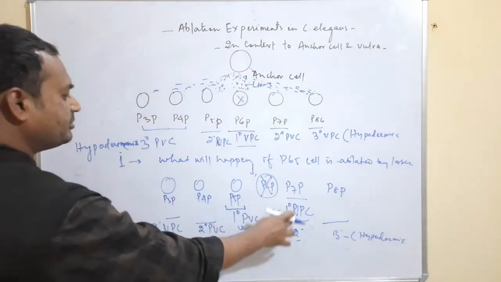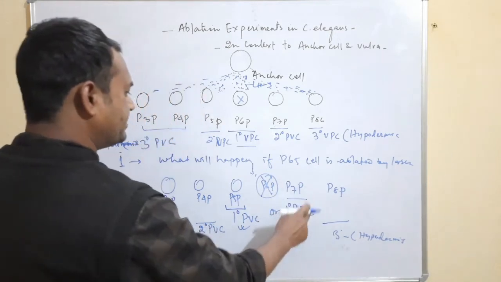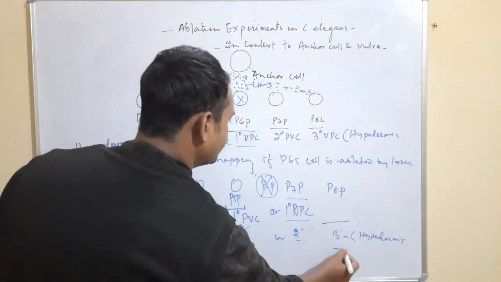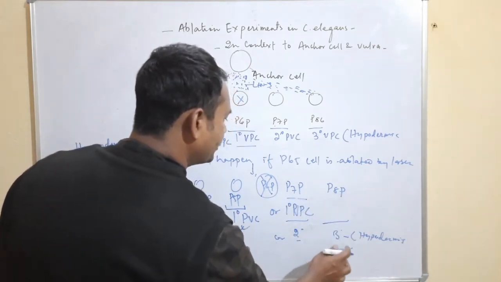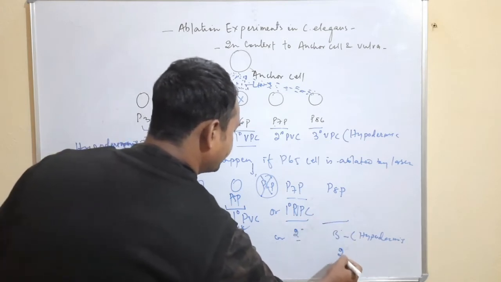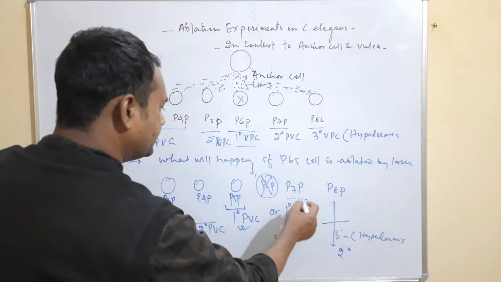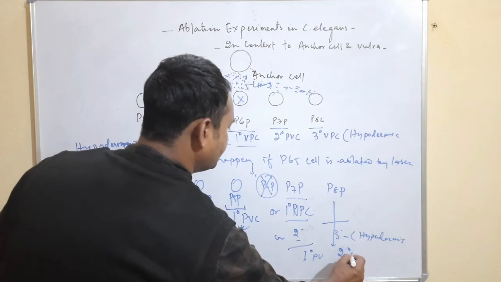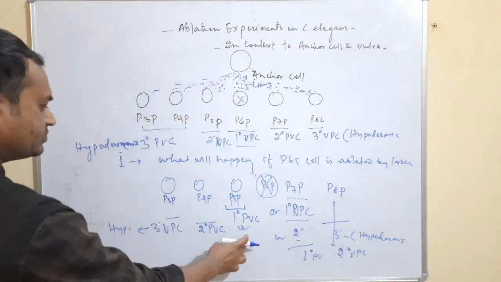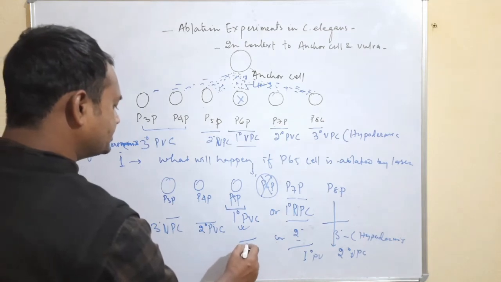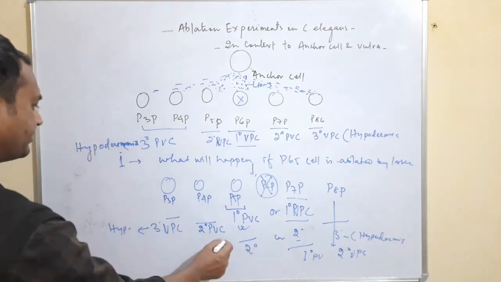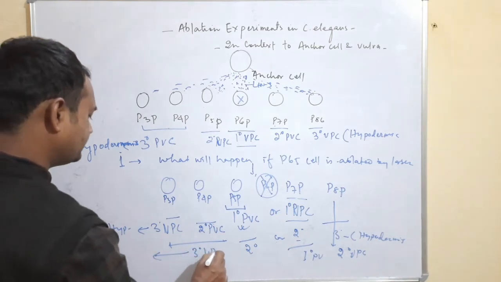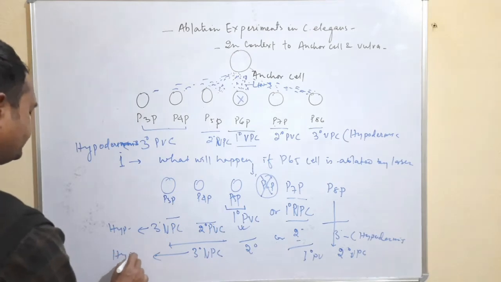Okay, if P7.p is acquiring the vulval precursor cells, then this P8.p will acquire the secondary fate, and this one will be the first degree fate, VPC, and this one will acquire the secondary one, okay, and the rest will acquire the formation of hypodermis.